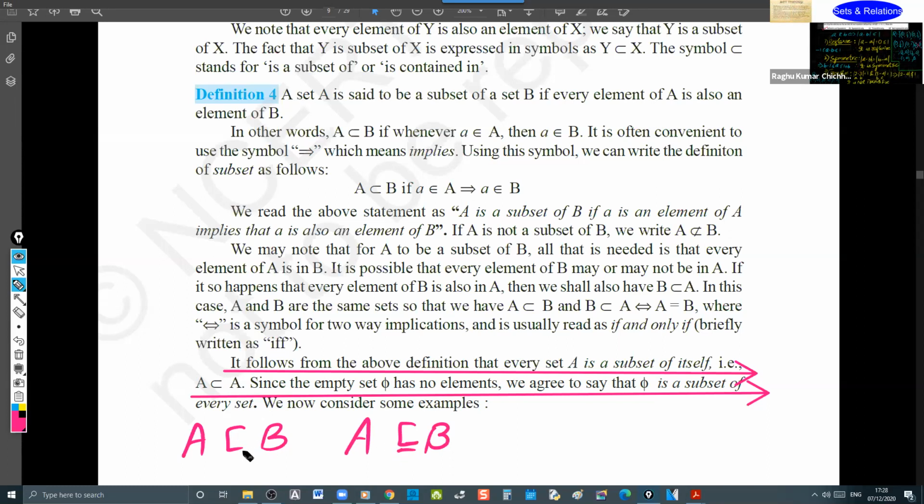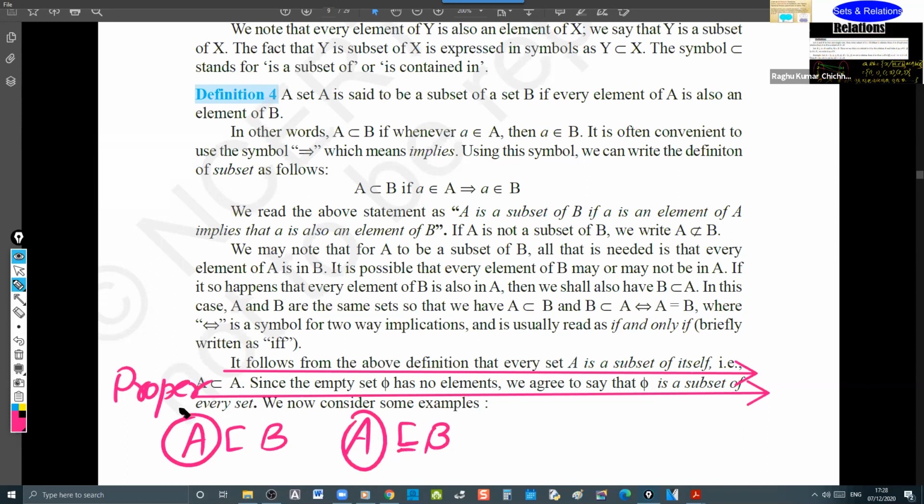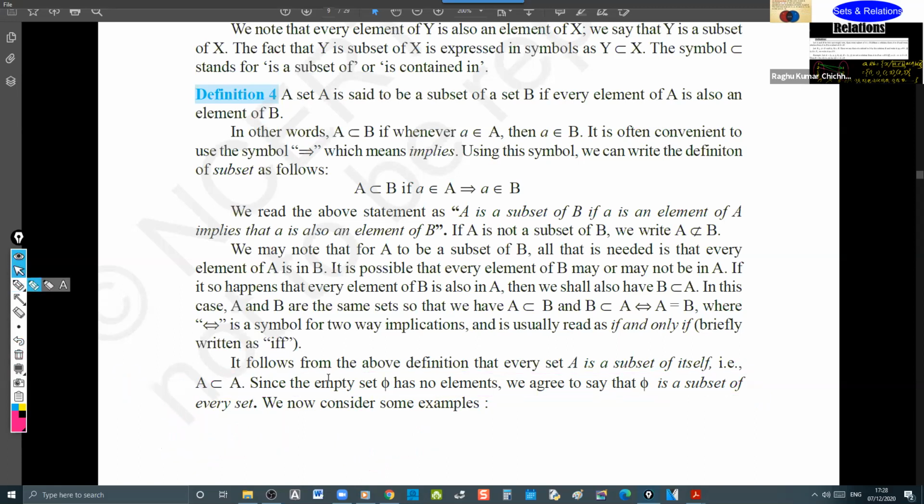It is called a proper subset. There is no question of these two becoming equal, but in the other case we cannot say proper, because sometimes A may be equal to B also. So this is called a proper subset, and if they are equal, that is said to be an improper subset. So a proper subset will not contain the equality symbol. Understand that? Okay.